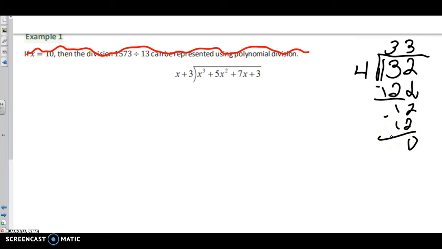I'm doing the exact same thing, except my focus is just on this first term here. I'm not worried about anything else in the polynomial, just the first term. So how many times does x go into x cubed? That would be x squared.